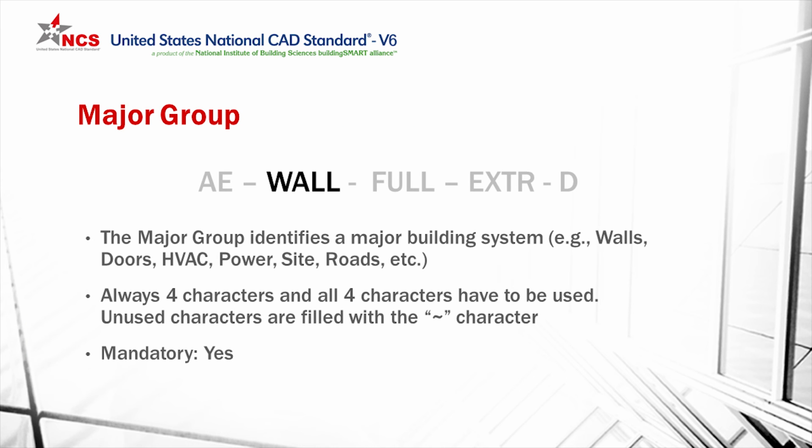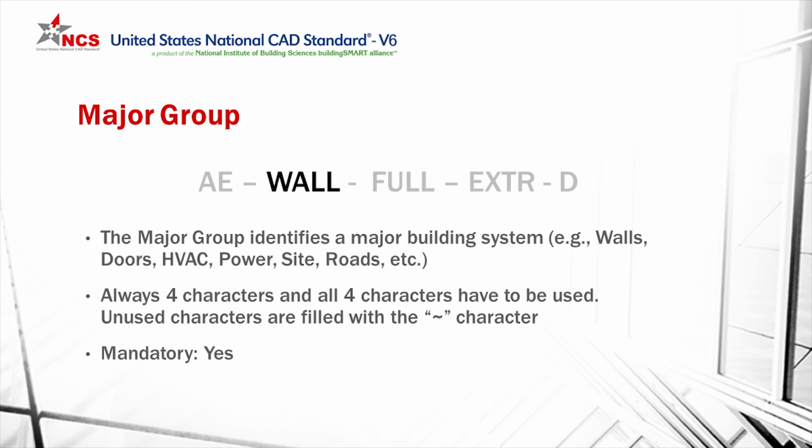All right, the next thing in a layer name is the major group. Now, the major group identifies a major building system. For instance, in this case, we have WALL, which would be the walls. You would have DOOR for doors, HVAC for HVAC, POWR for power, SITE for site, and ROAD for road.